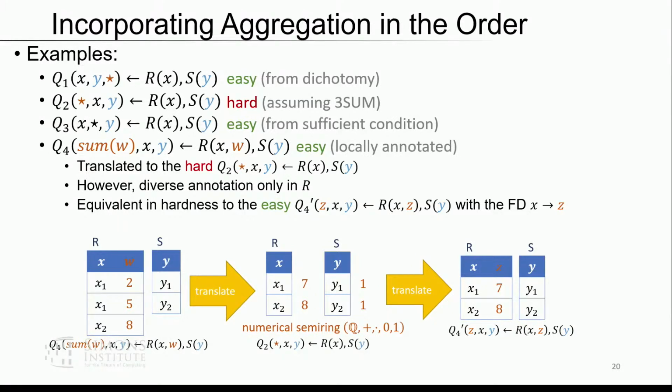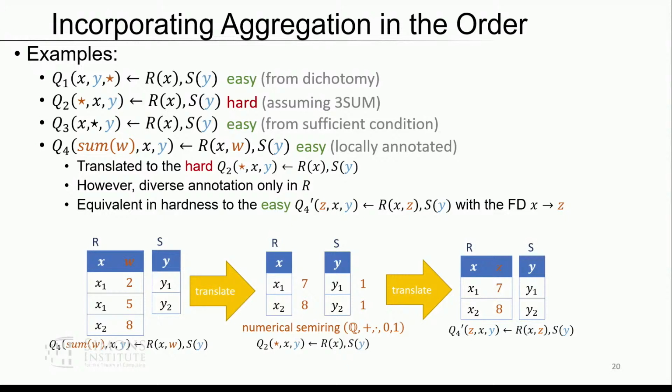And we were able to show that it's easy by going through these annotations and then getting rid of the annotations. But because the annotations are local, they only appear in one relation, we use this fact. Now there's just one more thing I would like to mention here, is that here in this new R, this column that we introduce, we have a functional dependency.